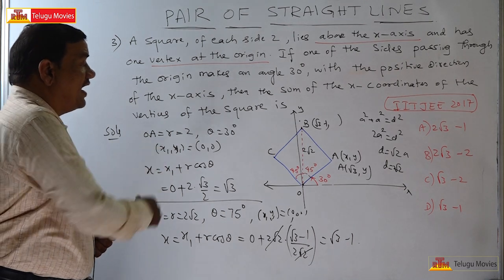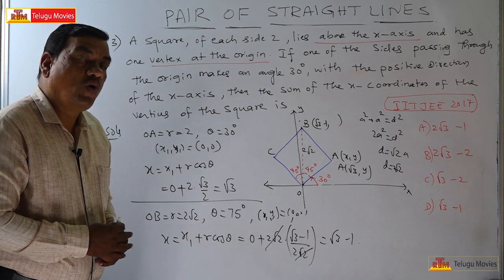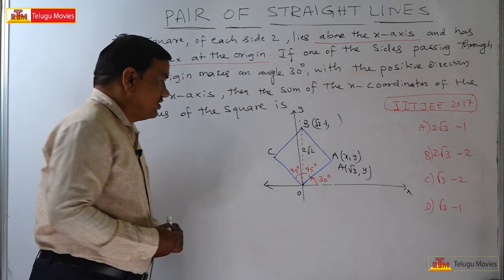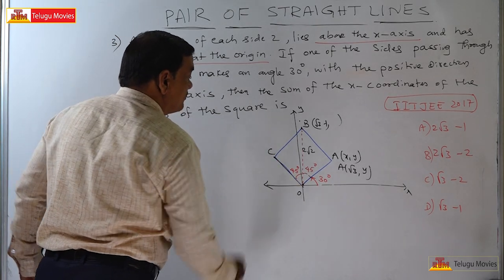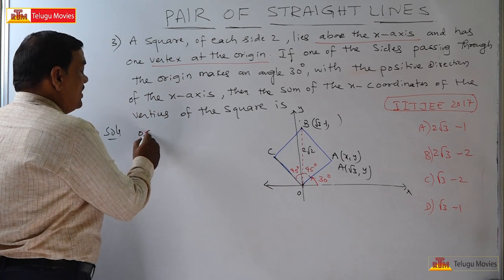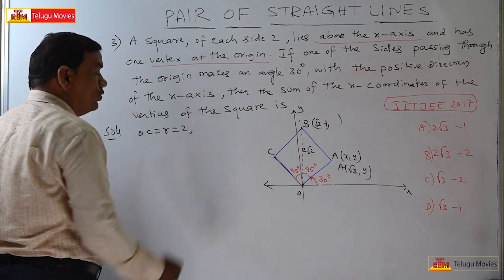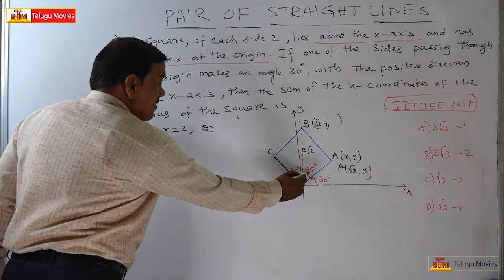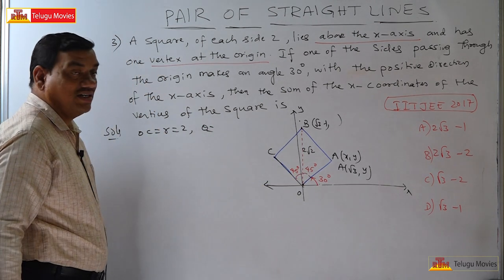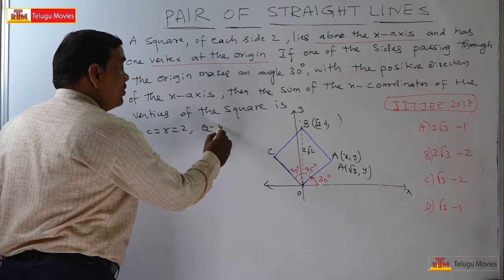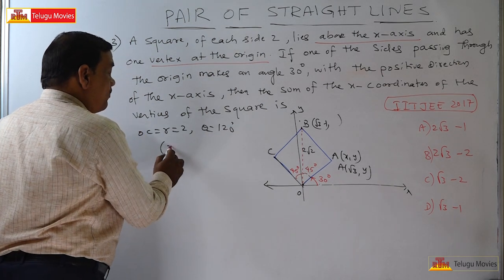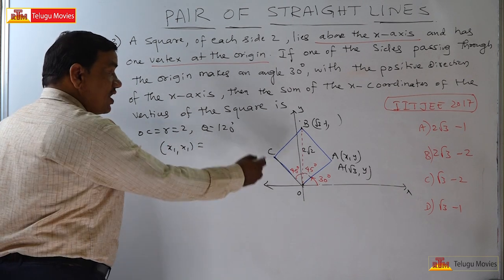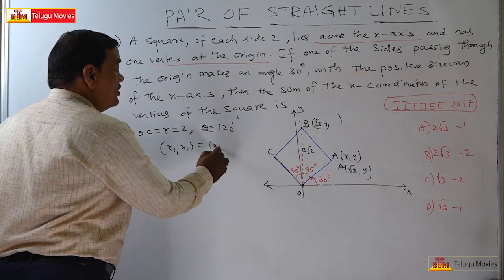Okay, now likewise let us find the coordinates of C. The OC length, that is R, is nothing but 2. Theta is nothing but 45 plus 30 plus 45, that is 90 plus 30, 120 degrees. And your point x1 comma y1 is 0 comma 0.